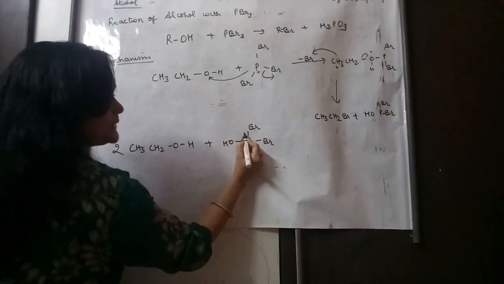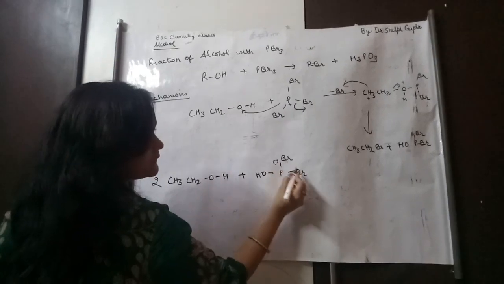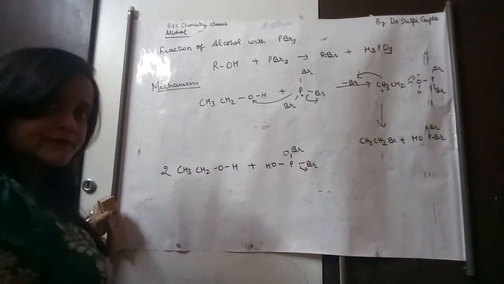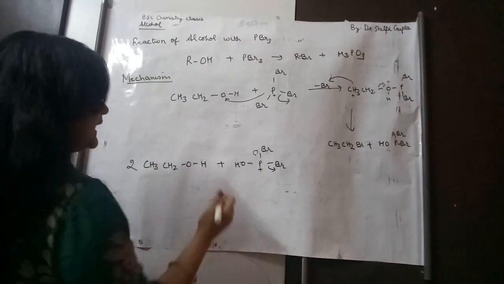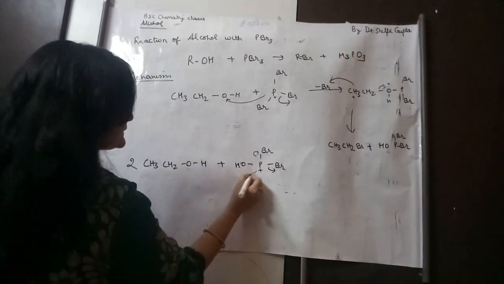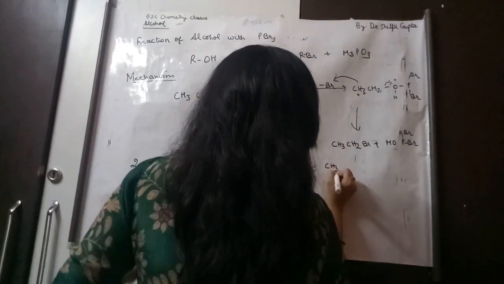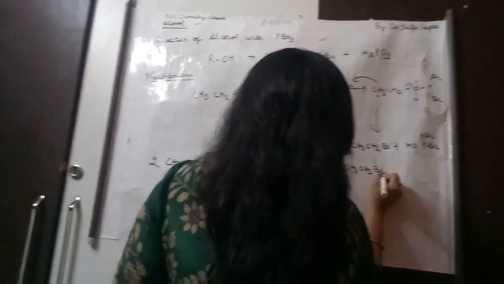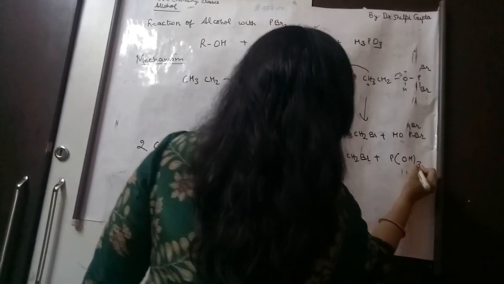How? The 2 Br atoms will remove from the reaction. When they both remove, it will get more electropositive and it will attack on the oxygen atom. Okay. Now what will form is 2 molecules of CH3CH2Br, and what is formed is P(OH)3.